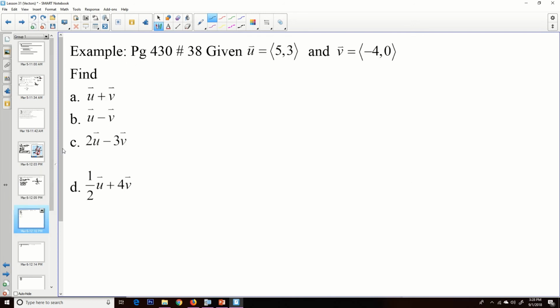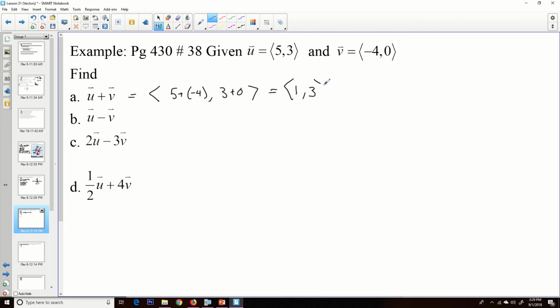All right, given that vector u is 5, 3 and vector v is negative 4, 0, let's find some of these values here. And so this one here says simple vector addition. So I am just adding the x's, so 5 plus negative 4, and then 3 plus 0. 5 and negative 4 is 1, and 3 and 0 is 3.